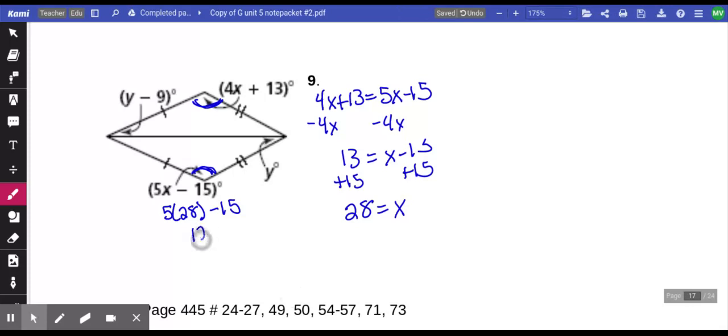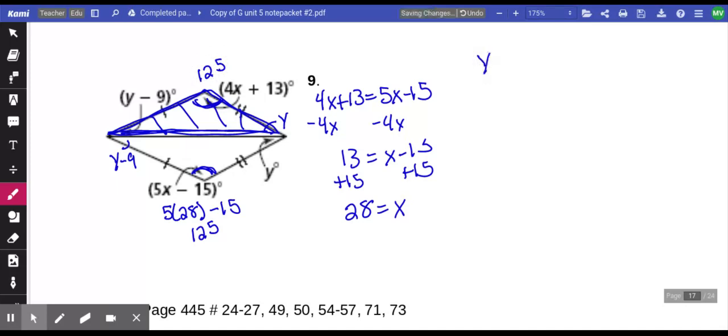Now I need to think about that this top triangle and this bottom triangle are the same. So that means that this angle up here is also y, and this angle down here is y minus 9. And if I use the whole shape, or even just this top triangle here, the angles of a triangle add up to be 180. So I know this one missing angle is 125. The 4x plus 13 equals 125.